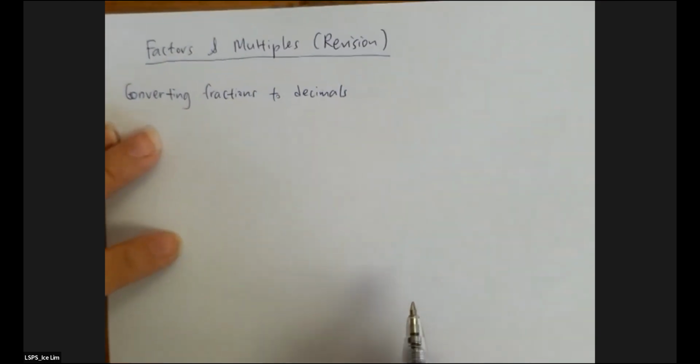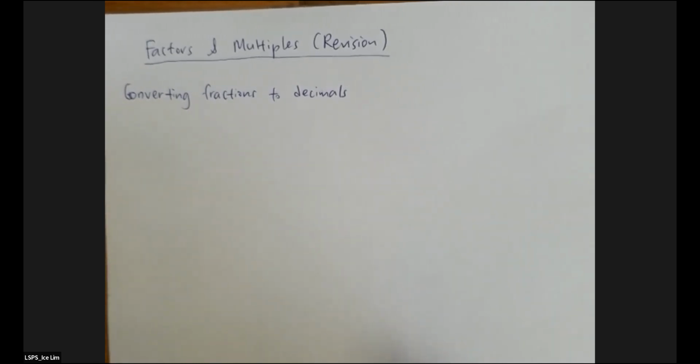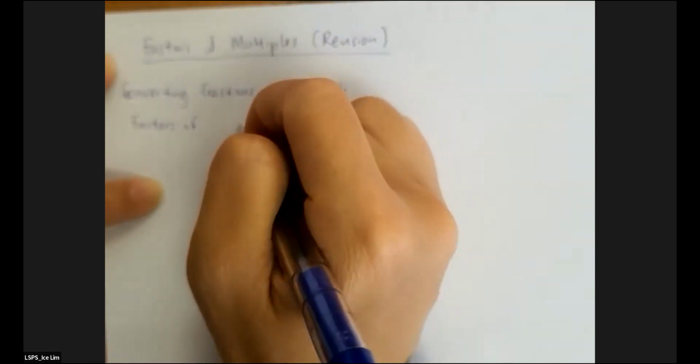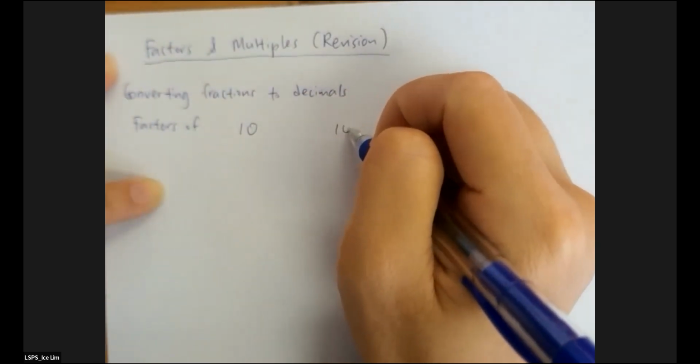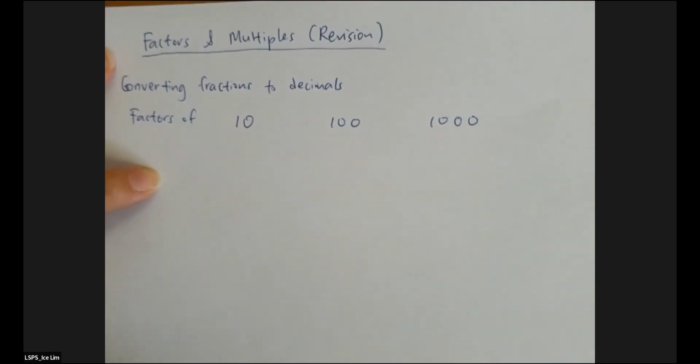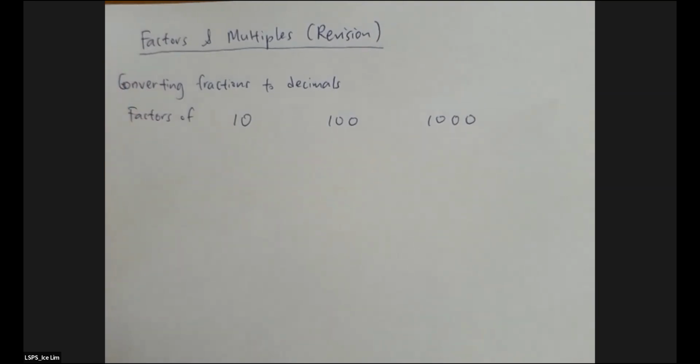We talked about how important it is to be able to remember some factors of 10, 100, and 1000 easily. If you could memorize these factors, it really helps us with converting fractions to decimals using finding equivalent fractions very quickly.